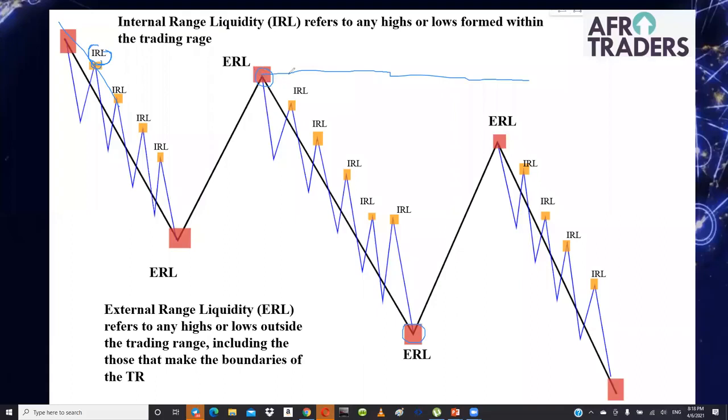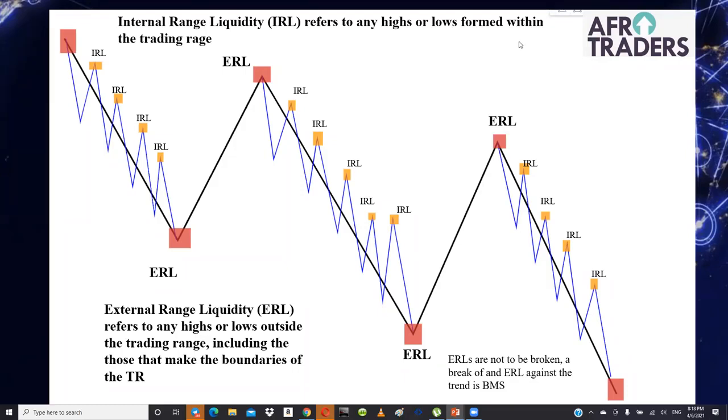So if this is a trading range, right, then this is external liquidity, this is also external liquidity, and this is also external liquidity. Now, external liquidity is not to be broken, and a break of external liquidity against the trend is a BMS.